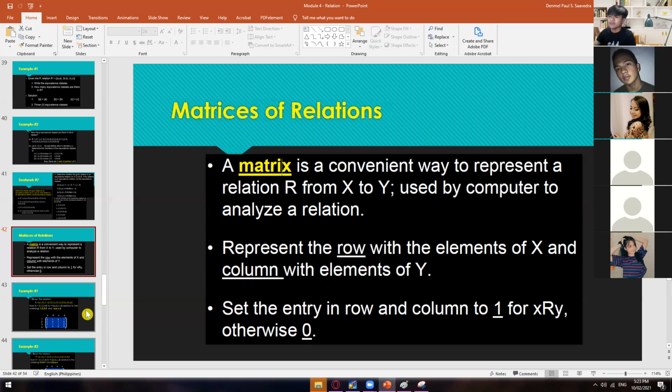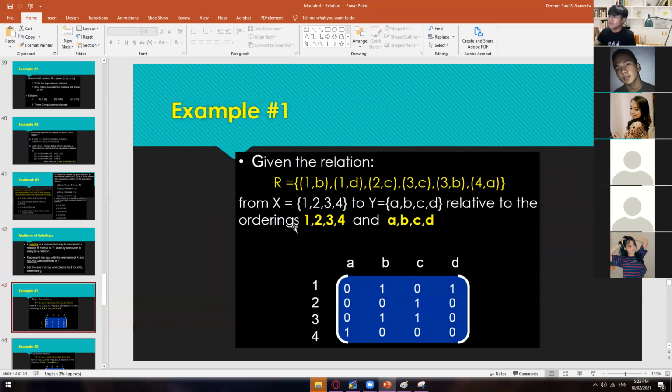All right. So here's one example. We have here the relation 1B, 2C, 3C, 3B, 4A. And then we have here the coordinates of your X: 1, 2, 3, 4, in this order. And then we have A, B, C, D for the coordinates of Y. Then just fill in everything from here.